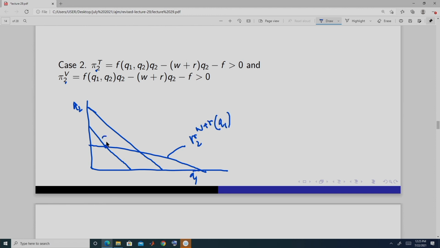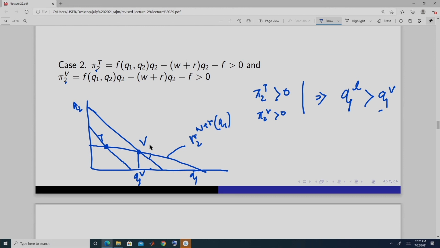So, this point is T and this point is V. So, here also profit is positive at this point, positive at this point. So, this implies that Q1L is greater than this output. So, Q1L is somewhere here.